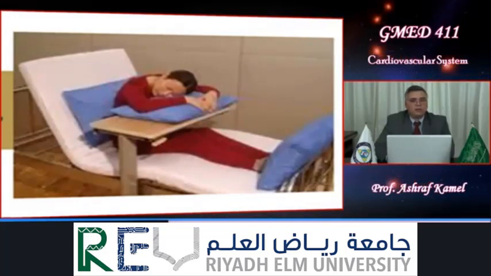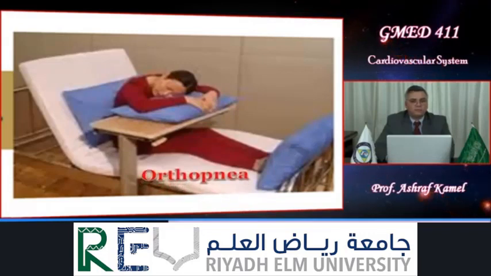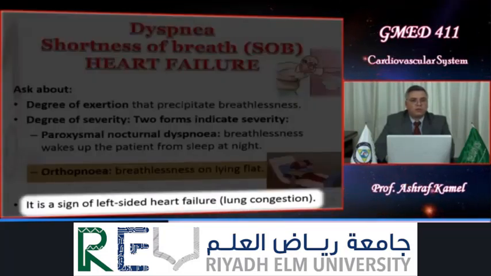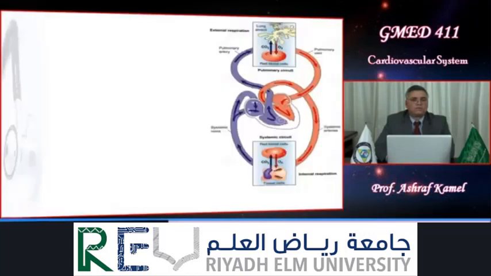He cannot tolerate the lying down position. He will feel suffocated. This is called orthopnea. Orthopnea is dyspnea on lying flat in bed. And dyspnea with all the previous types is a sign of left-sided heart failure, which is due to lung congestion.